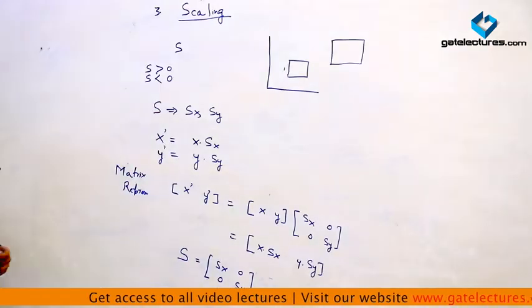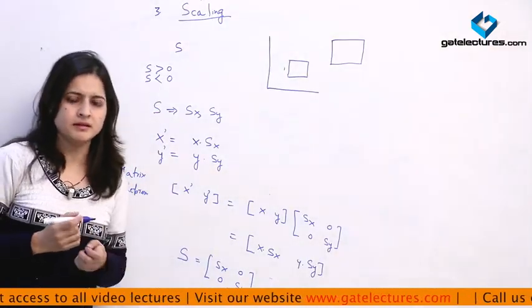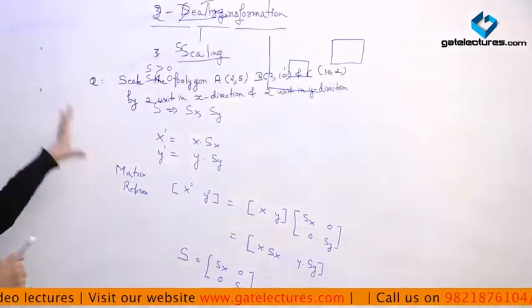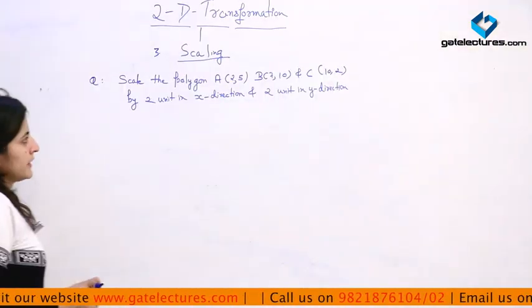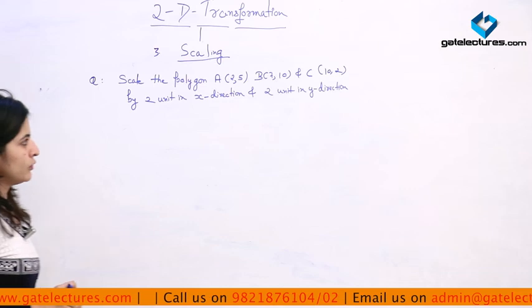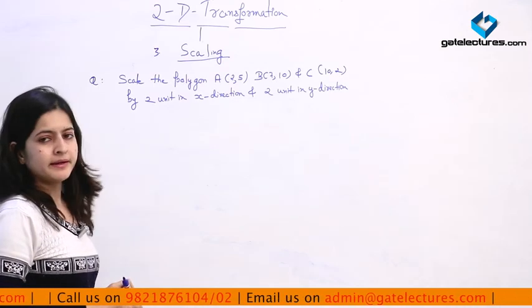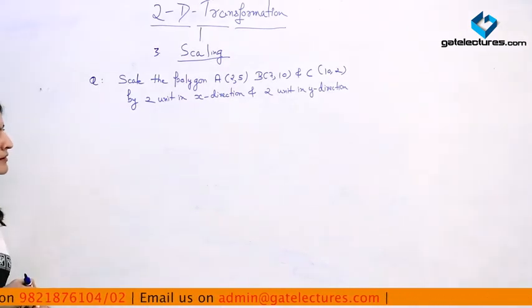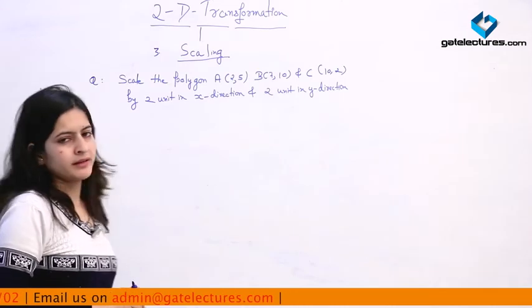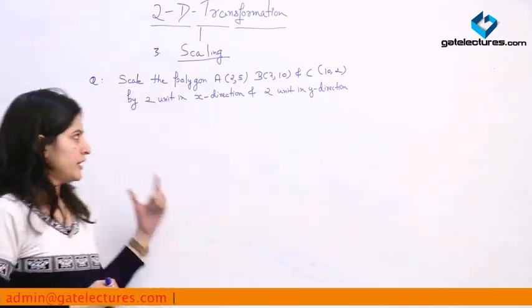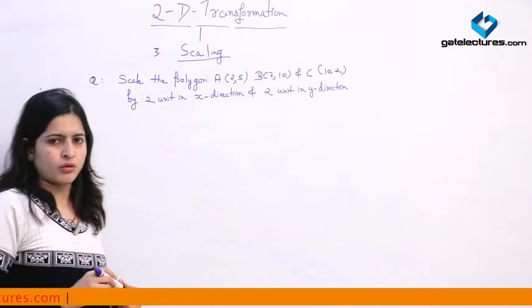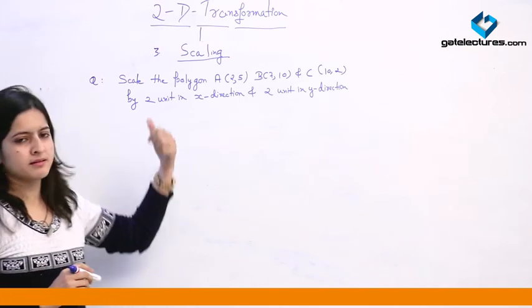We will see a numerical of this also and then we will get the solution. So this is the question: scale the polygon A(2,5), B(7,10) and C(10,2) by 2 units in x direction and 2 units in y direction. We are having a polygon having 3 coordinate points, so this means this polygon is a triangle.